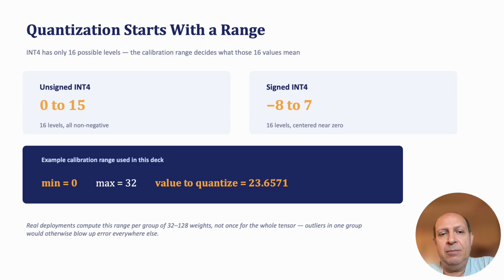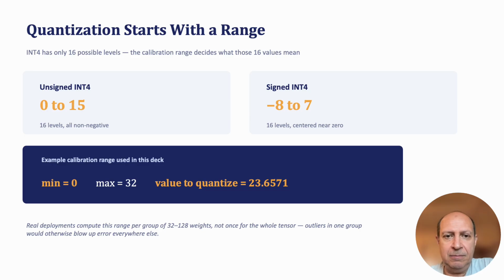That slice is the calibration range. It is typically expressed with a minimum and a maximum for asymmetric quantization, or with a single maximum absolute value for symmetric quantization, and we covered that in the previous slides.